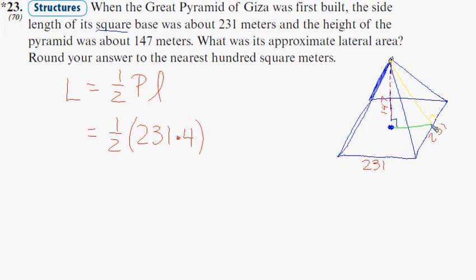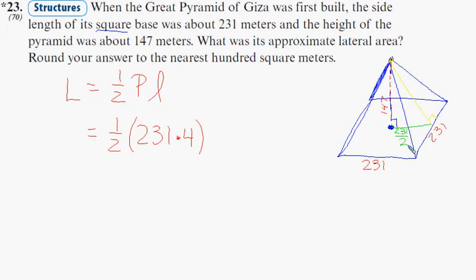Okay, so if we know this leg, that red dotted line, that's 147 units, do we know the distance of the green line? Well, yeah, it's half of 231. It's 231 over 2, okay? And that is what you can use to figure out the slant height, that yellow line, okay?